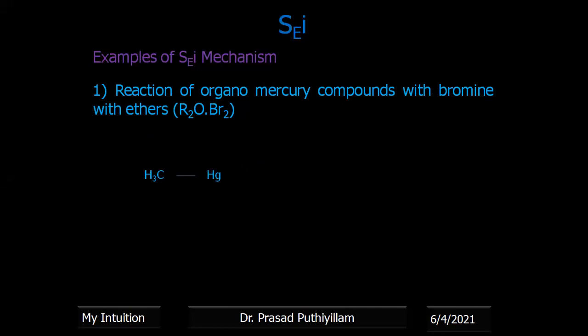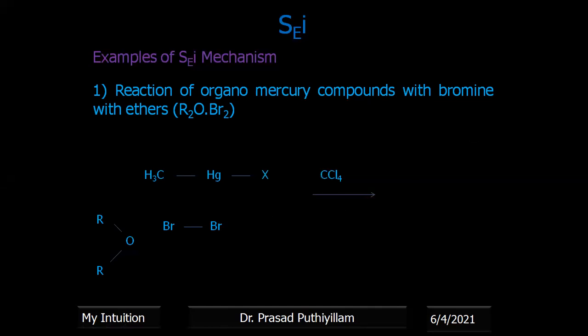Let me take an example: CH3, Hg mercury connected to a halogen, that is the organo-mercury compound, and this is the ether ROR, the general representation of an ether, which is present near the bromine Br2. So Br single bond Br. The presence of this R2O will assist, or improve the electron density on the bromine so that it can attack easily.